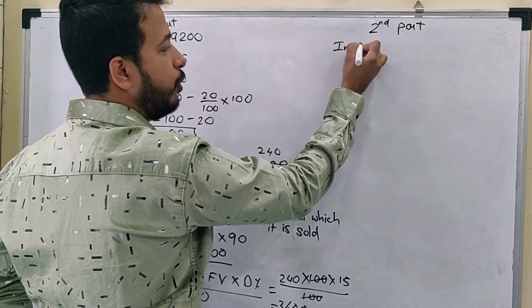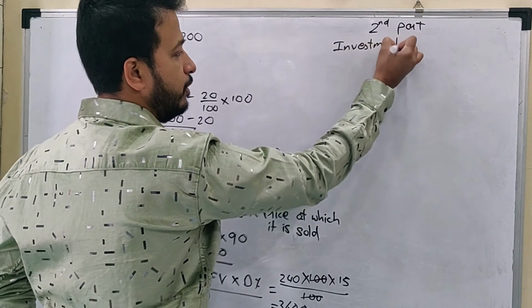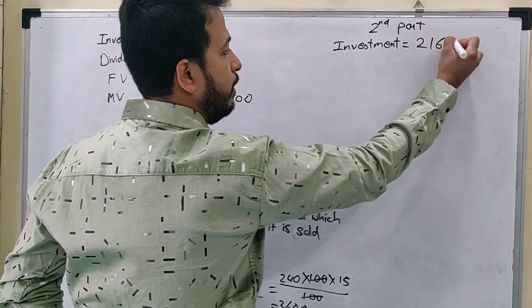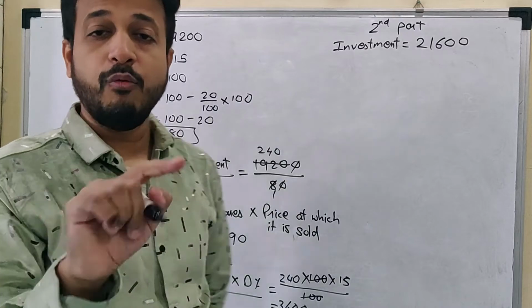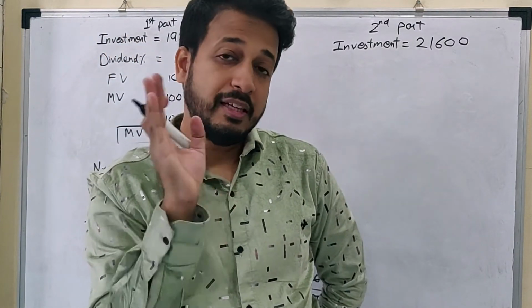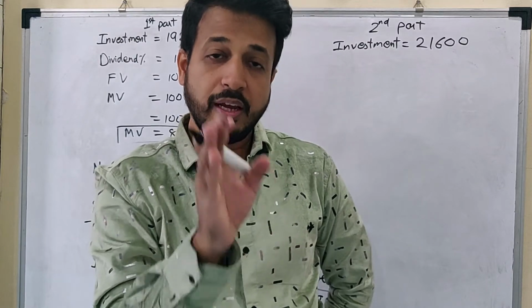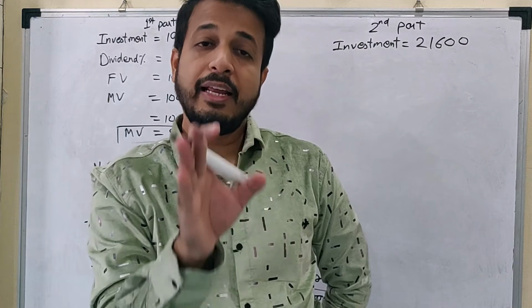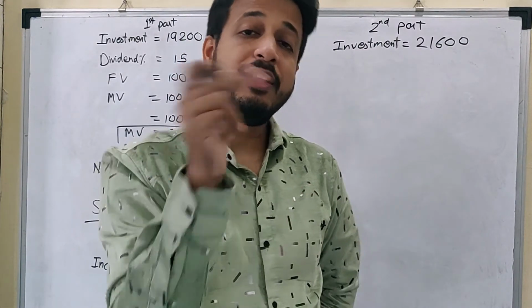In your second part, your investment will be 21,600. Again, what else have they given you? She is selling the shares at 90 rupees each and investing the proceeds, including the dividend.